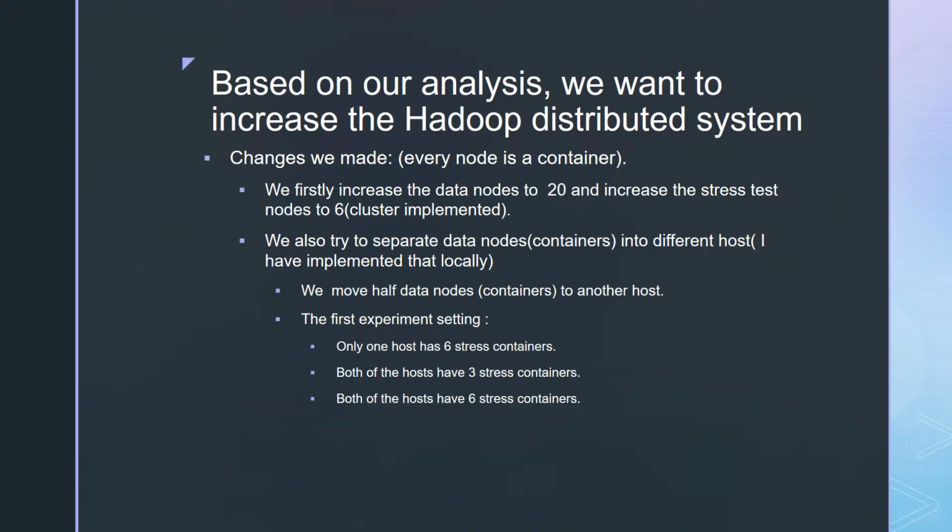The first one is that I move half of the nodes to another host. Then I leave only the first node with the stress test, and the stress test number is 6. Then I will set both hosts to have 3 stress containers. Finally, both hosts will have 6 stress containers.